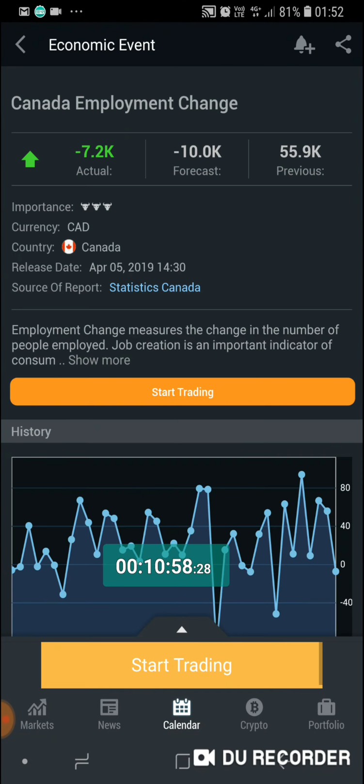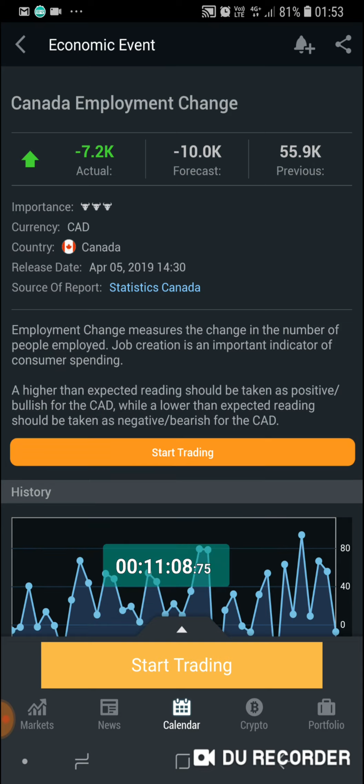Now, I'm going to make an example again with the Canadian dollar event on Friday. The name of the event is employment change. Employment change measures the change in the total number of employed people. Job creation is an important indicator of consumer spending.